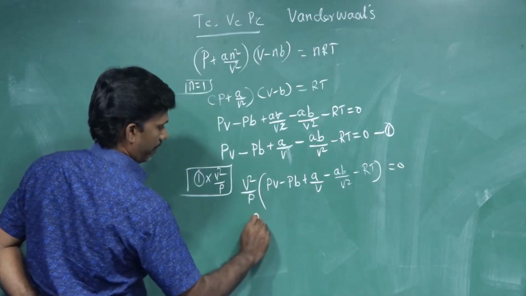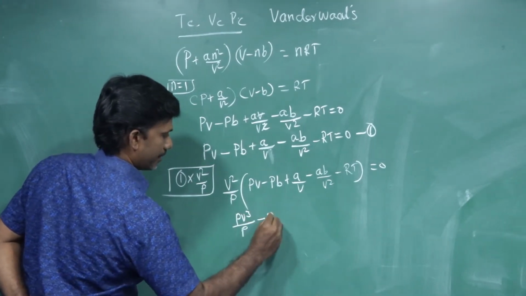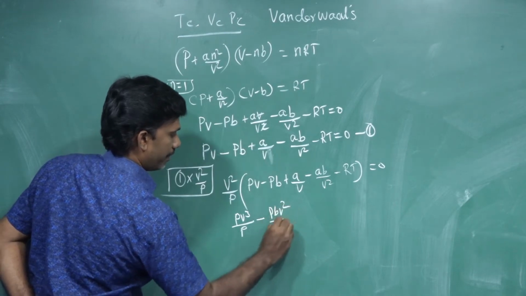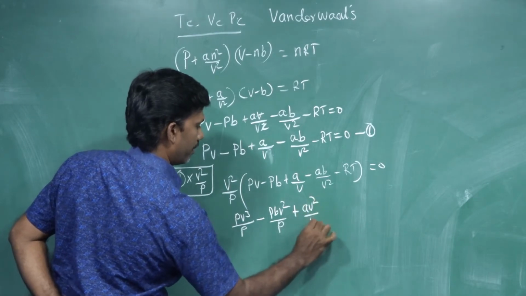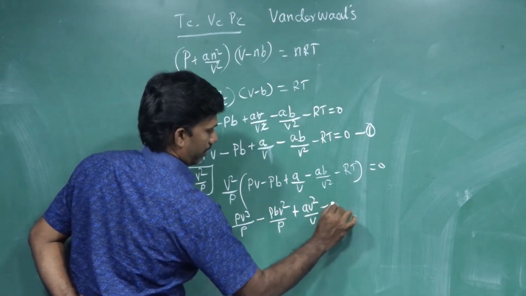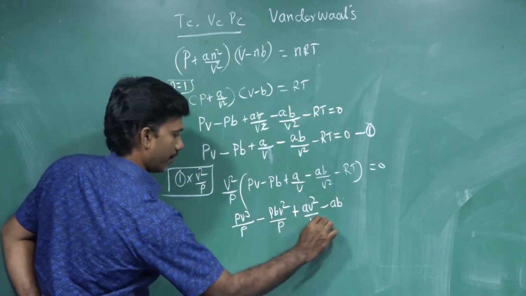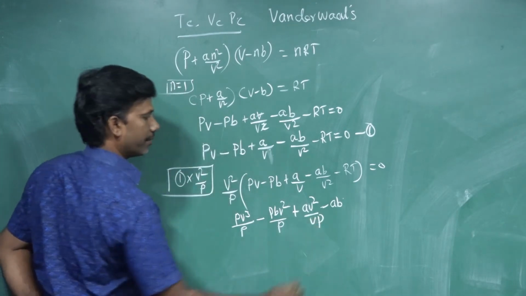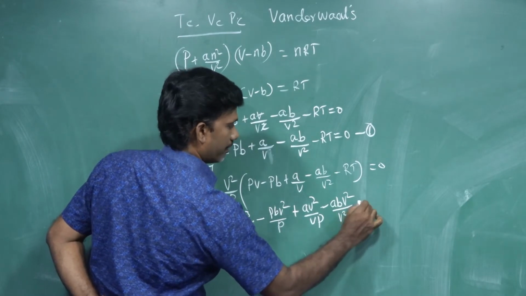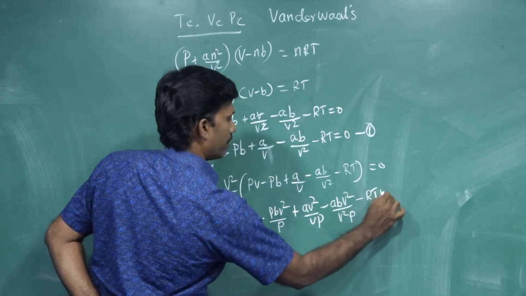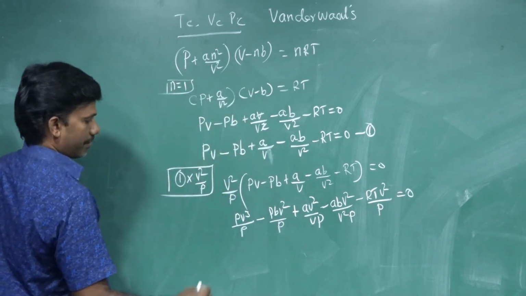Then PV³/P - PbV²/P + aV/P - ab/P - RTV²/P equals 0. See, here you must remember the P. Are there any chances to cancel?